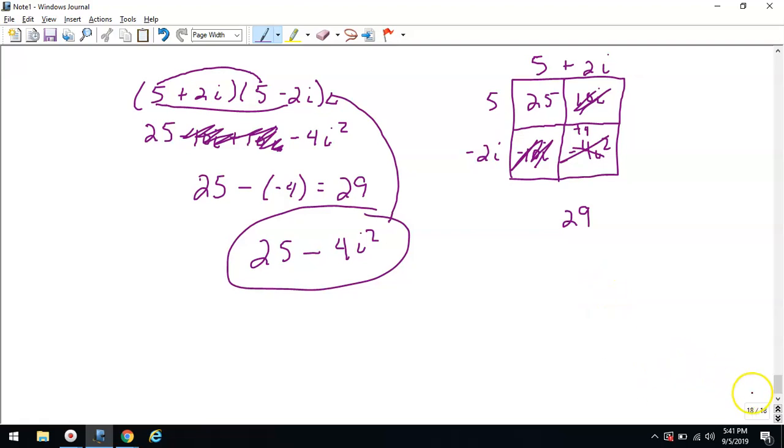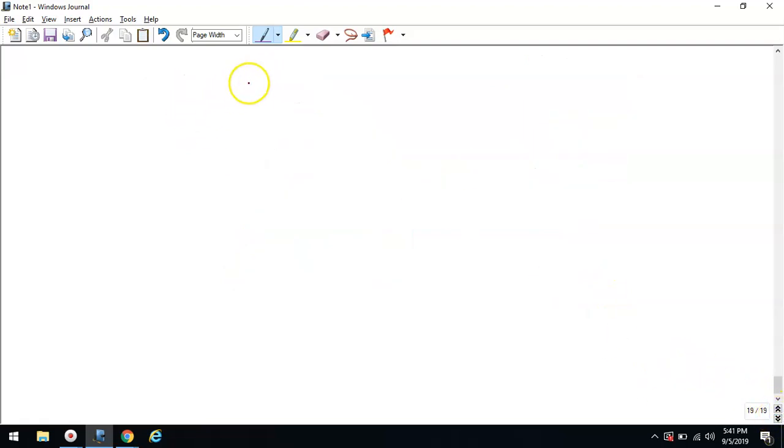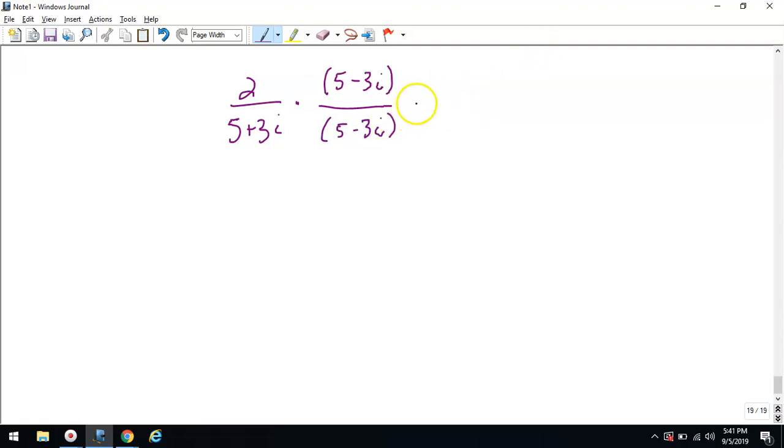All right, one division where you're going to have the conjugate. So we have 2 over 5 plus 3i, so we need to multiply both the numerator and the denominator by 5 minus 3i instead, right? Cool. So what this looks like now is our numerator, if I distribute that 2, is 10 minus 15i, and my denominator, again, we have the difference of squares, right?